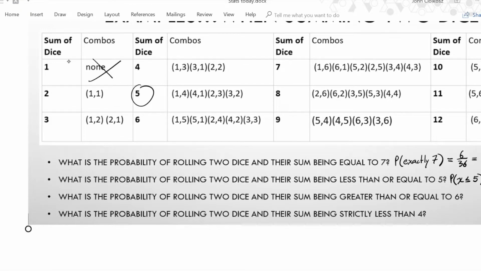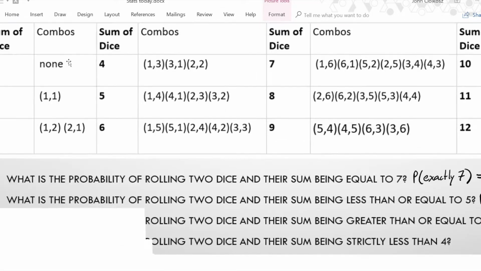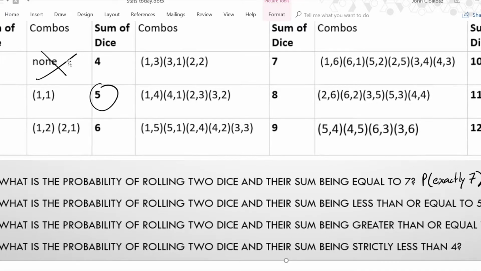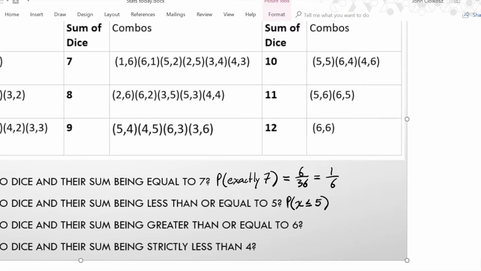So I have 1, 2, 3, 4, 5, 6, 7, 8, 9, 10. So there are 10 different ways that we can be less than or equal to 5. So we have 10 out of 36, which if we reduce gives us 5 out of 18.